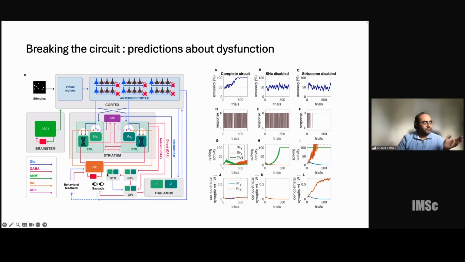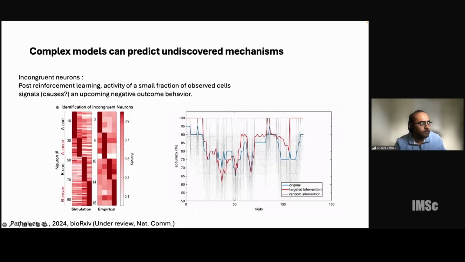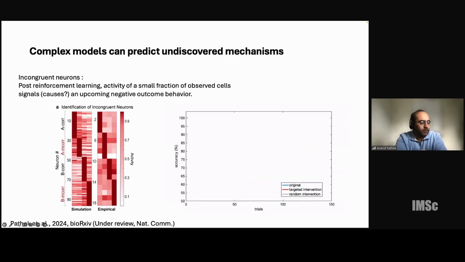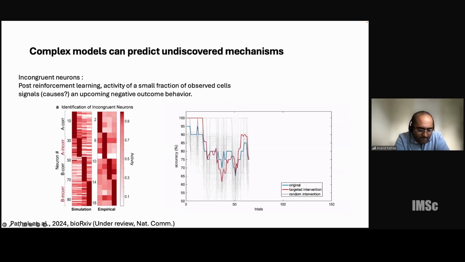Anand? You can hear me, right? Can you hear me? Yeah. The previous slide that you mentioned, where you showed neurons that reliably predict the wrong outcomes. So, is it like overfitting? The balance between fitting data where you don't want to overfit.